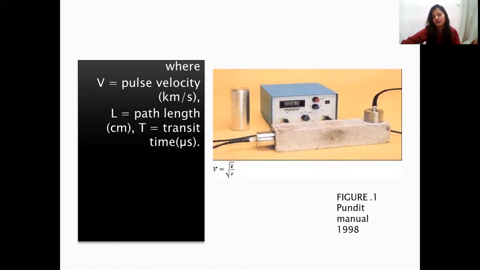And with the formula V equals L by T, V stands for pulse velocity, and its unit is kilometer per second, whereas L refers to the path length from the transducer to the receiver, and it is indicated in centimeters, whereas T is the transit time, the time consumed, in microseconds.